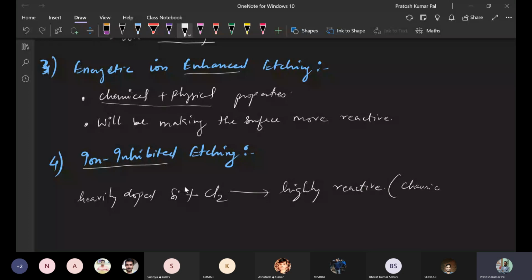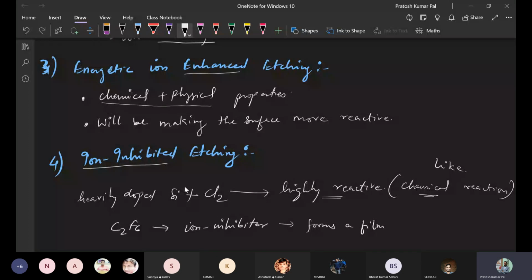If it is going to reduce the chemical reactions, that means we will be able to obtain this anisotropic nature of etching. Okay, so it will observe a protective film so that it will reduce chemical reactions.